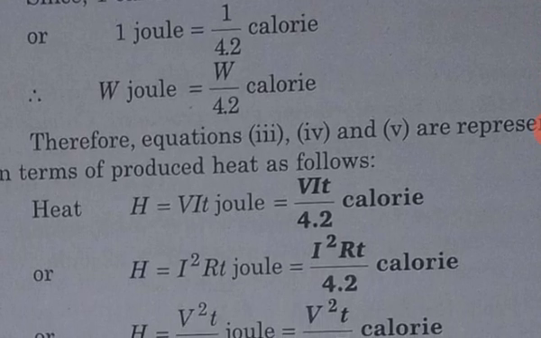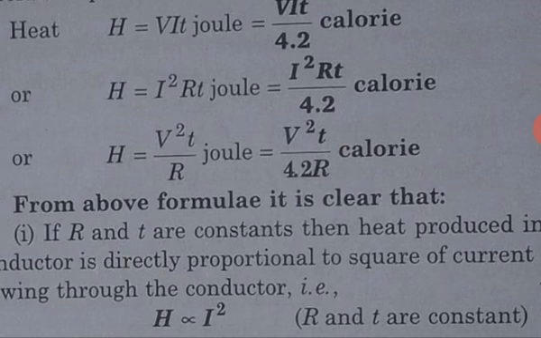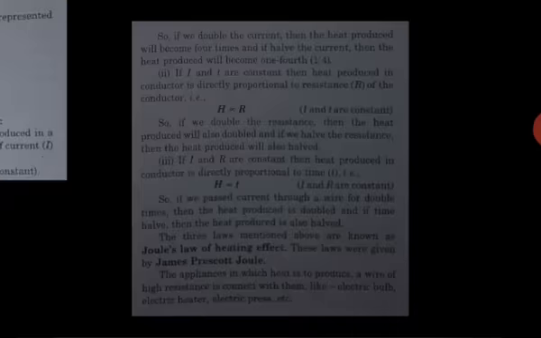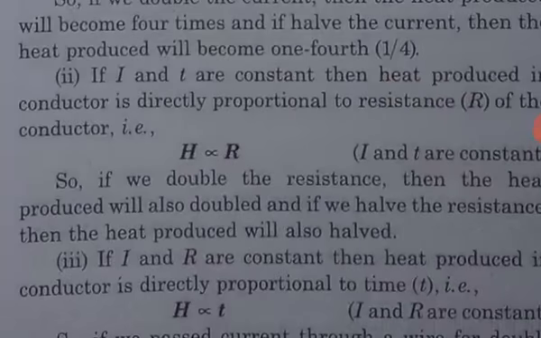So, there are three formulas. First, H is equal to V I t joule, or H is equal to I square R t, or H is equal to V square t upon R. As shown in the following equations, heat is proportional to current square, or heat is proportional to resistance.